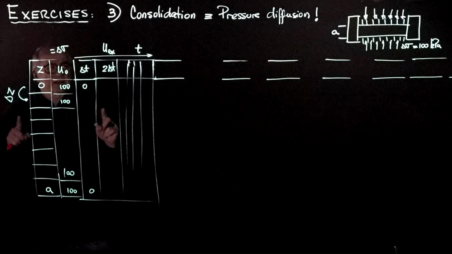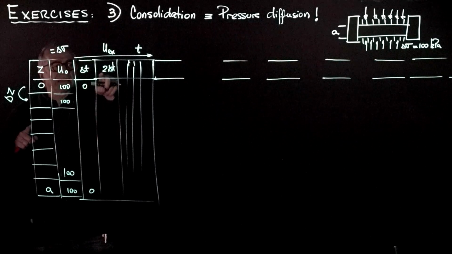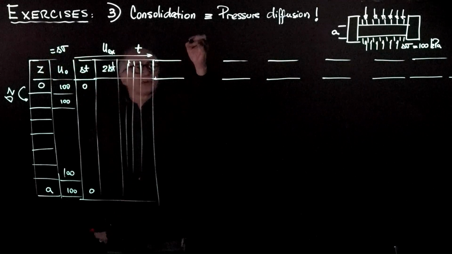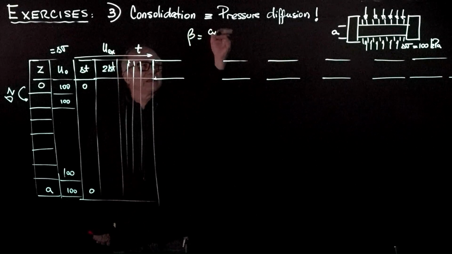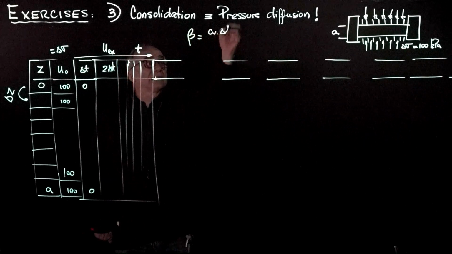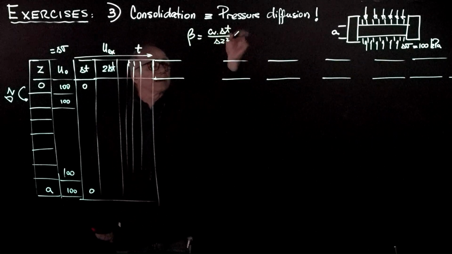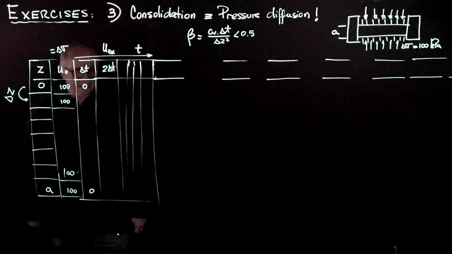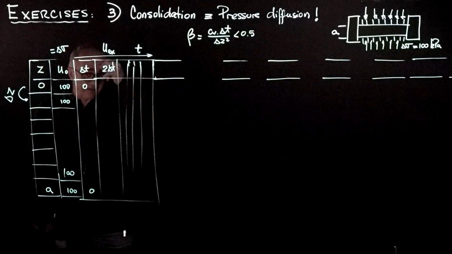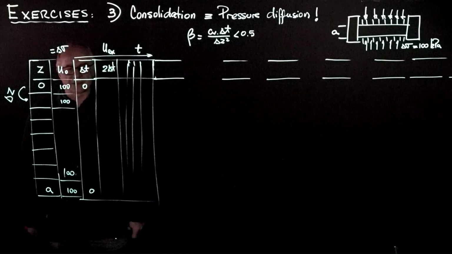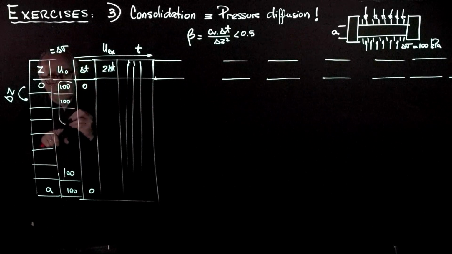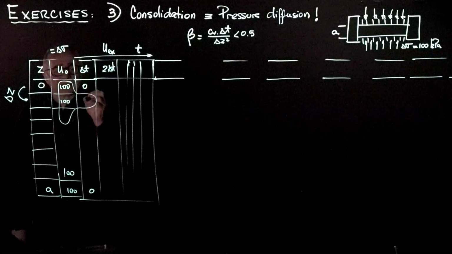Before I go any further, I notice that we have an increment in time of delta t, an increment in depth delta z, and the criterion that we had before was that beta equals CV times delta t over delta z squared has to be less than 0.5 for this type of finite difference approximation that we have done. Other finite difference approximations may have a different convergence criterion or a stability criterion. But in any case, we can place the kernel in the next point to compute the value at this position.